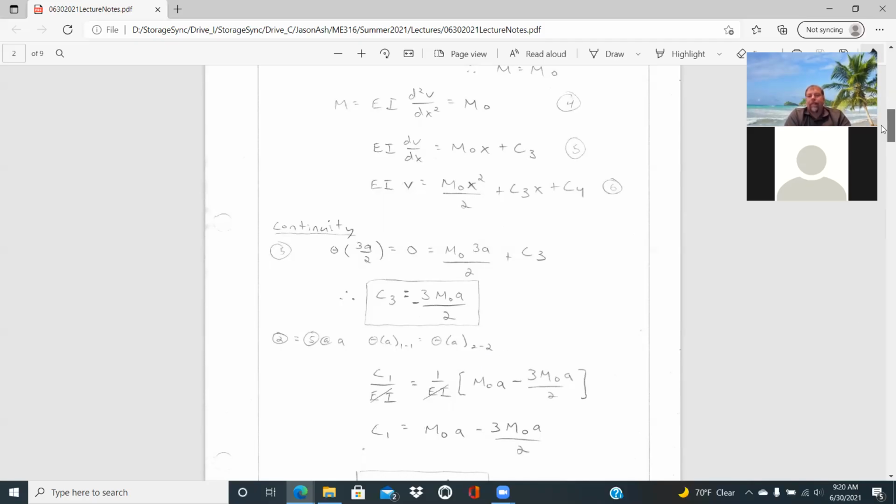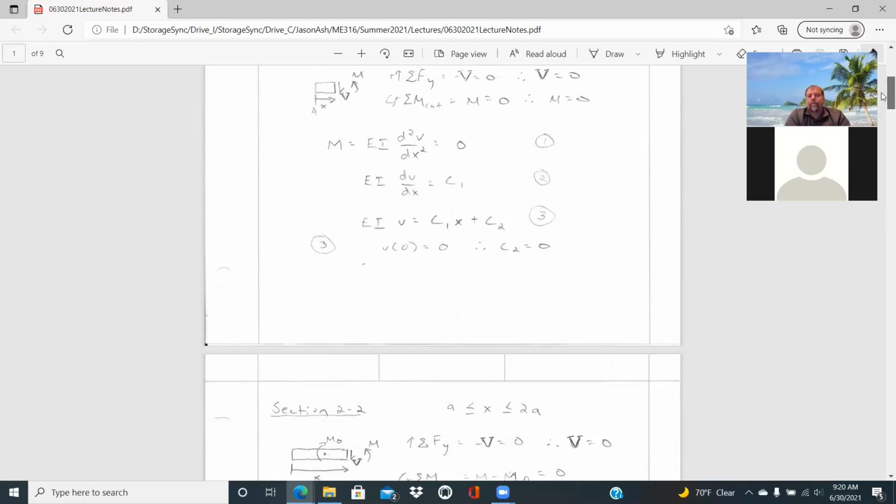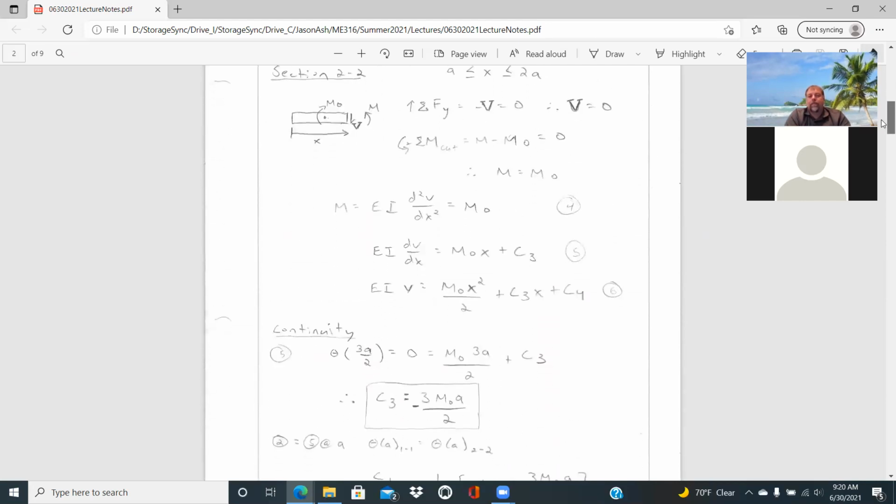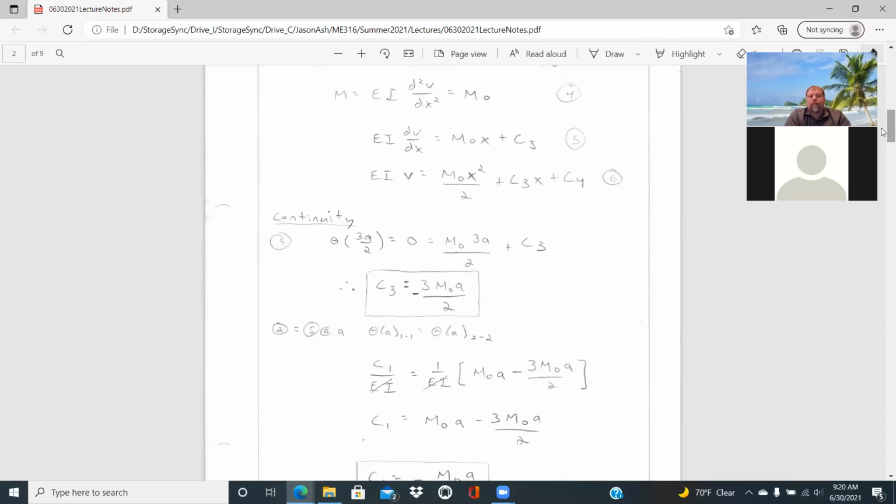And when we look at that, again, theta is just dv dx, and we know that's equal to C1 over EI. And so the left-hand side is just C1 over EI. And then equation 5, plugging in x equal to a. Also, we solved C3 already as minus 3 M0 a over 2.